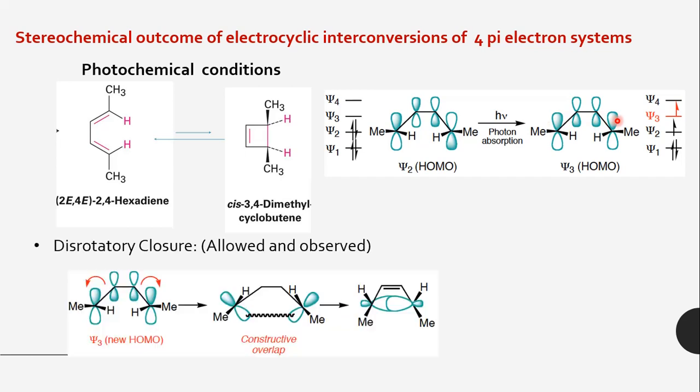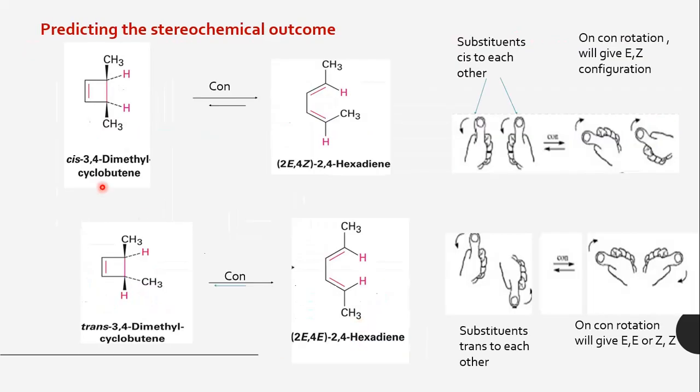So this will have to undergo a disrotatory closure because that is allowed. If this lobe is going in the anti-clockwise direction, this lobe is moving in the clockwise direction. It could as well have been this clockwise and this anti-clockwise. In both the cases, the product is going to be a cis dimethyl cyclobutene derivative. So one can predict the stereochemical outcome.